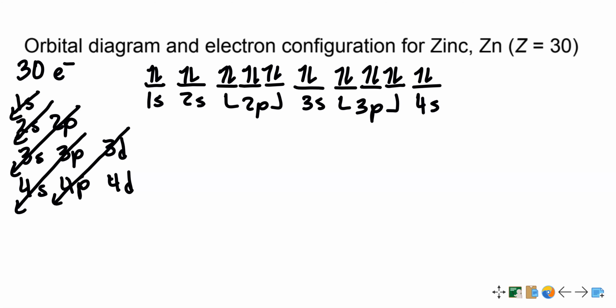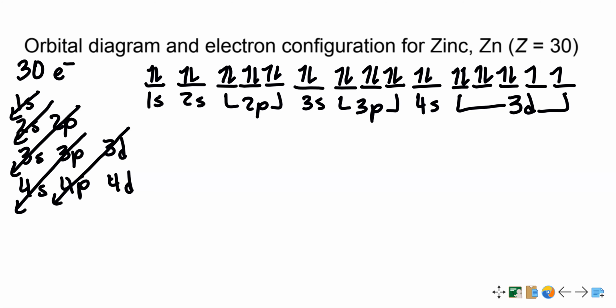Now, remember that 3d has 5 orbitals. The d sublevel has 5 orbitals. So 1, 2, 3, 4, 5. So I've got 2, 4, 6, 8, 10, 12, 14, 16, 18, 20, 21, 22, 23, 24, 25, 26, 27, 28, 29, 30. So there's my orbital diagram for zinc.